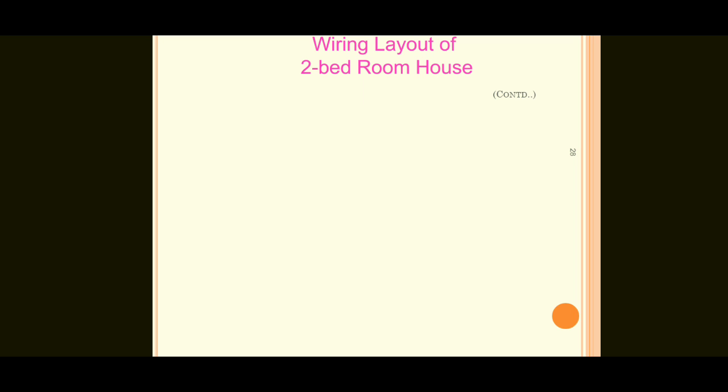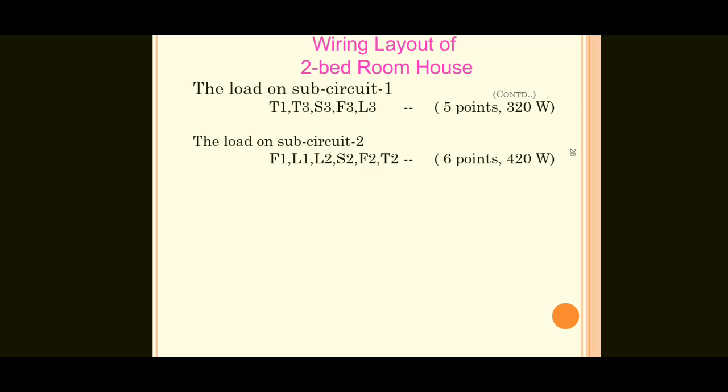Wiring layout of 2-bedroom house. So total load on sub-circuit 1, room 1, 5 points, total 320 watts. Sub-circuit 2, room 2, total 6 points, 420 watts, meaning F1, L1, L2, S2, F2 and T2.